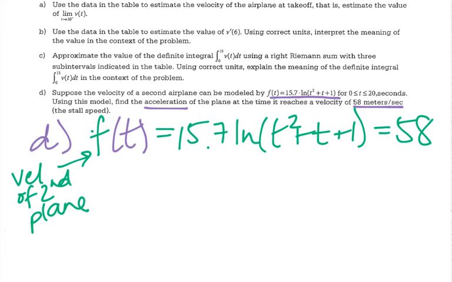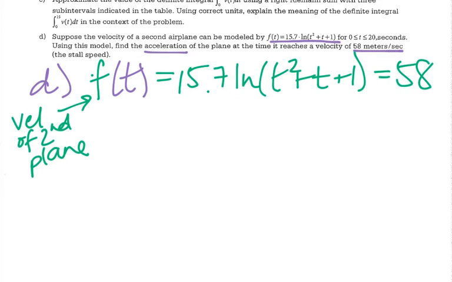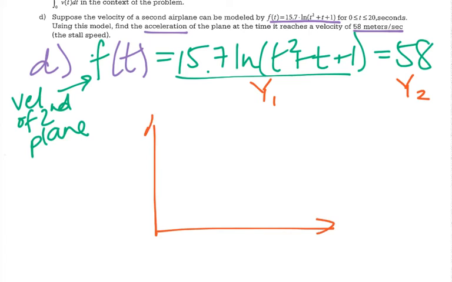Now, is this something that you're going to be able to do by hand? Definitely not. You should have a graphing calculator, and you should graph this. Okay, so plugging this into your calculator as y1, and then plug 58 in as y2. You might have to play around with the window a little bit.